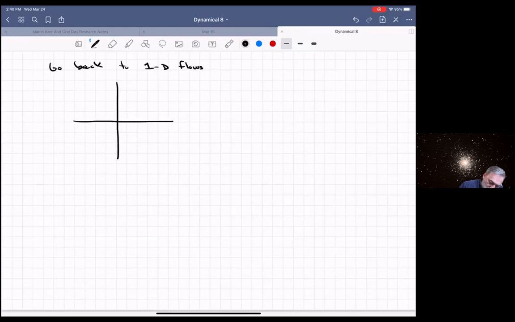So let's do x dot is alpha plus x squared. And let's let alpha be positive and small. Okay. So if x dot is alpha plus x squared, I have a parabola.